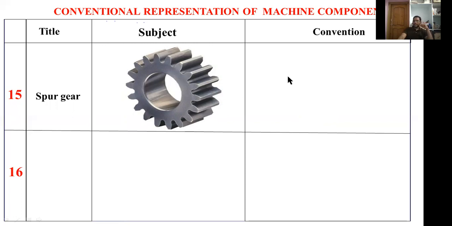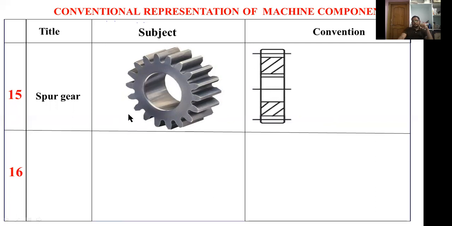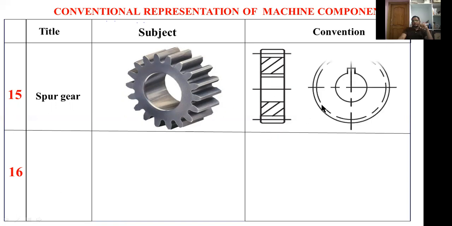Now I am showing the conventional representation of this spur gear. This is the side view. This side view contains a hole. This one is a hole.